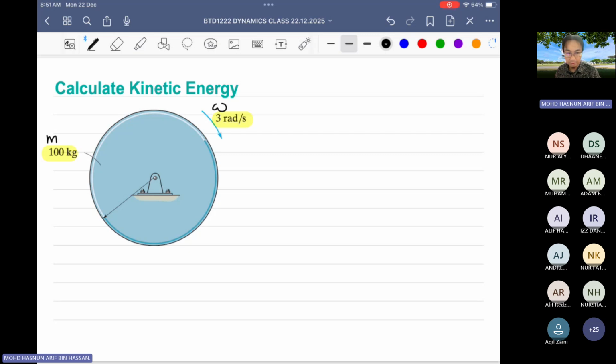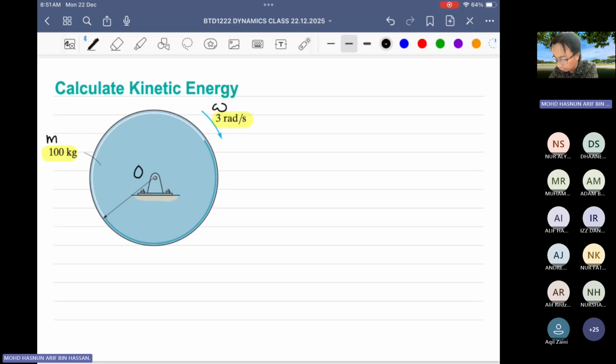So basically, this object is currently moving. So the first thing, you need to identify what type of motion this is. Anyone can tell me what is the type of motion of this object? Rotation. Rotation, good. So this is currently undergoing rotation. Although it is not labeled, basically point O is in the middle.